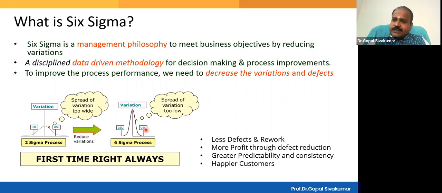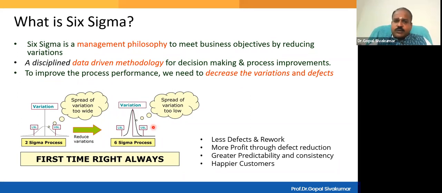You take any data, sales data, a company's sales for the last 5 years, there will be a peak sales or there will be average sales. Only a few months the sales will be above average and a few months the sales will be below average. That is why the curve is coming down. Most of the time the sales is around average only. The peak happens only very few times. So these kinds of resemblance you can see.